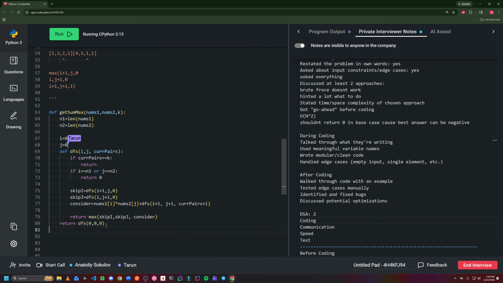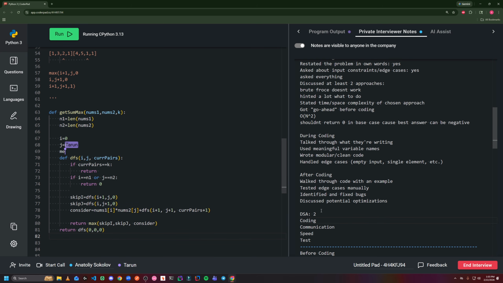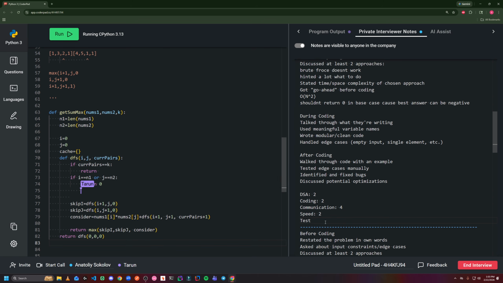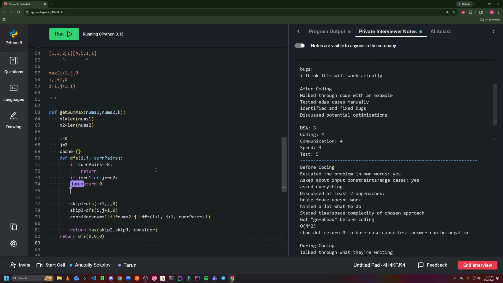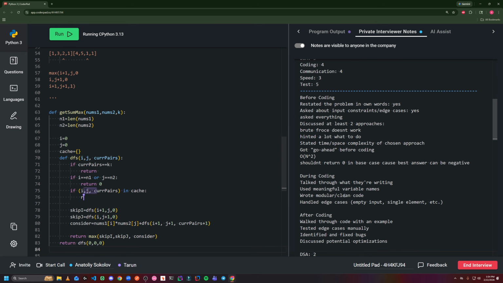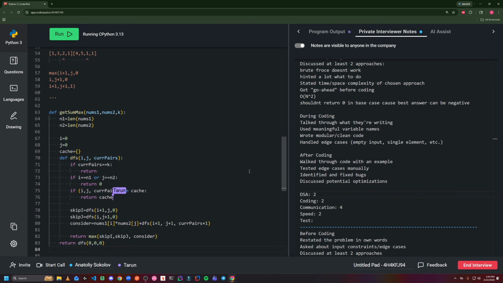So if we add a cache, keyed on the current state, if we already computed the current state, we are just going to return it.